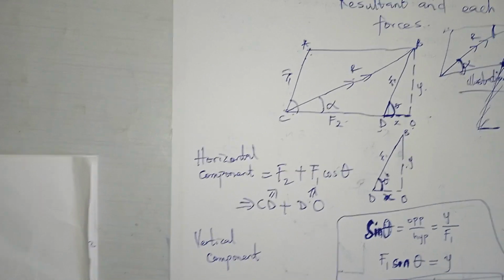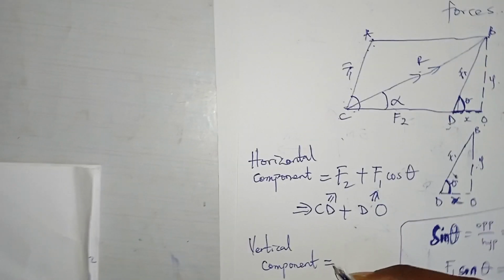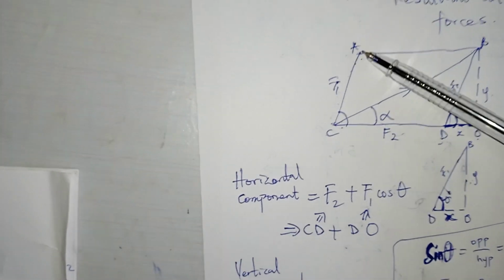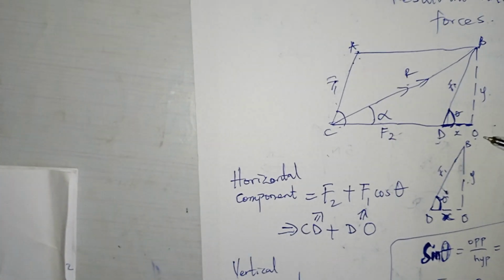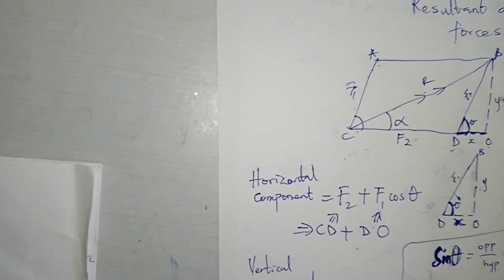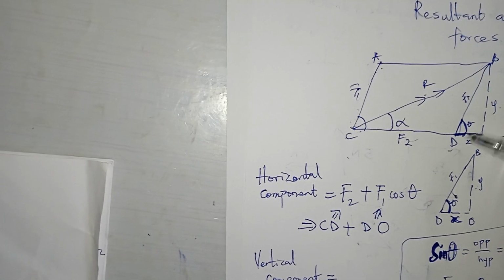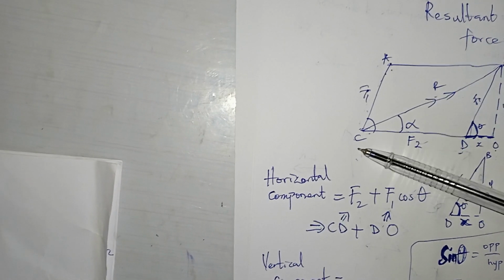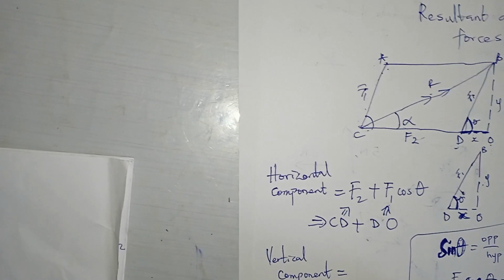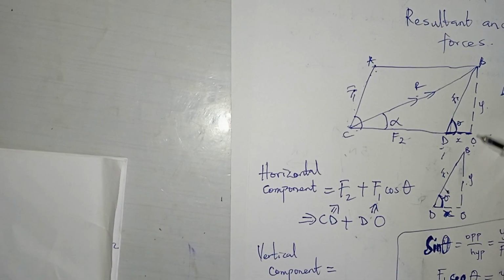So for the vertical components of this parallelogram, everything vertical here is the same thing as this way and this way. So everything vertical is the same thing as BD. Look at it, AC is equal to BD. So it's the same thing as BD plus BO.